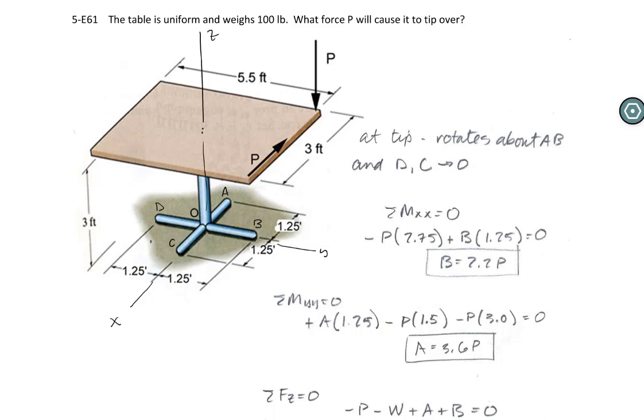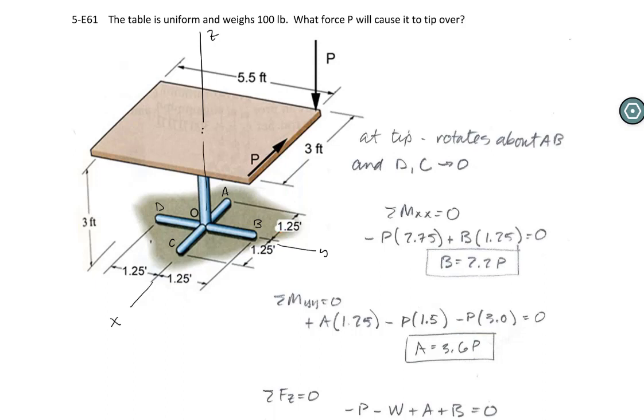How about this P? Does it have a tendency to rotate about the y-axis? It does, and it acts through this lever arm right there. So I have P times 3.